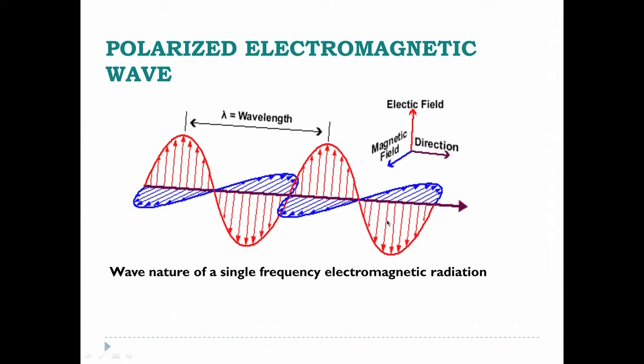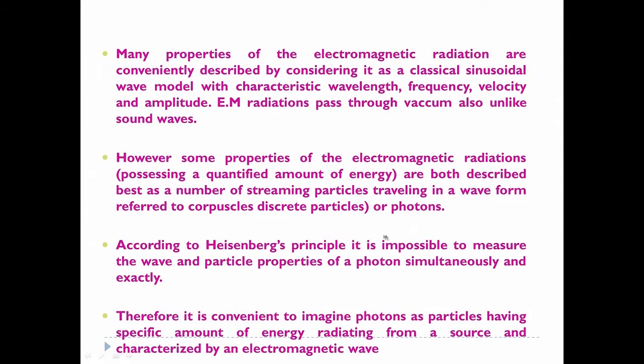This is known as Heisenberg's principle, a very well known principle, and it represents the properties of a photon. Therefore, it is convenient to imagine photons as particles having a specific amount of energy, radiating from a source and characterized by an electromagnetic wave. So, this is how we should imagine a bundle of electromagnetic radiation.